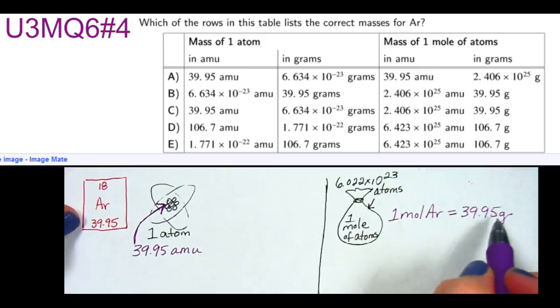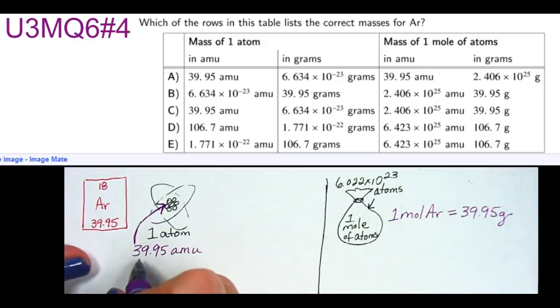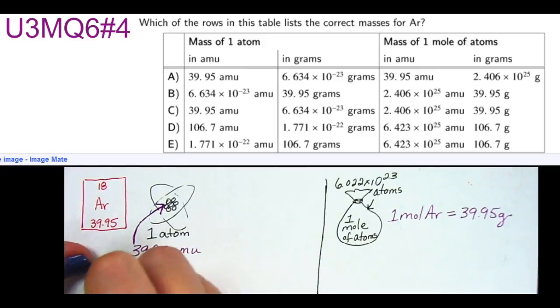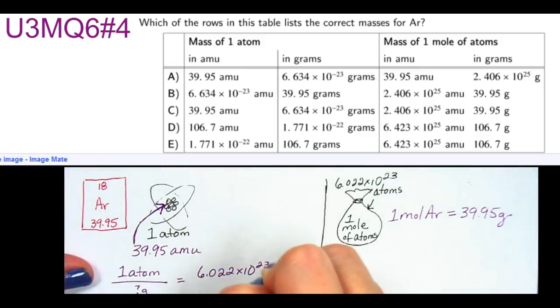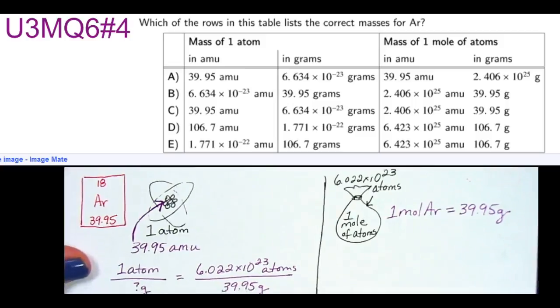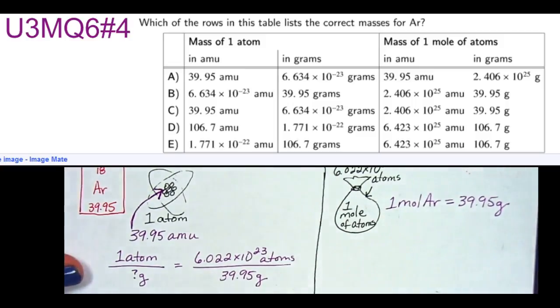So, if I wanted to know how many grams just one single atom weighs, then I would say one atom is equal to how many grams when 6.022 times 10 to the 23rd atoms is equal to 39.95 grams. So it's kind of a proportion that I've set up here.